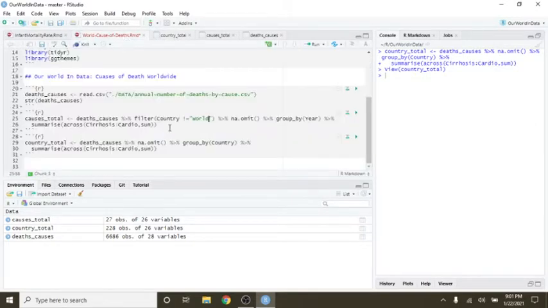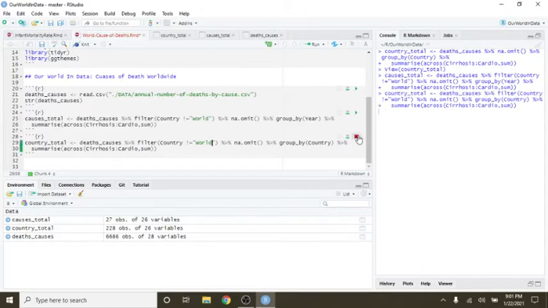Okay. Now we could also do the reverse, right? We could. Okay.